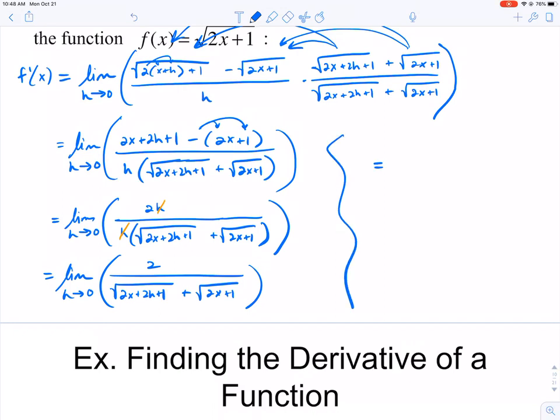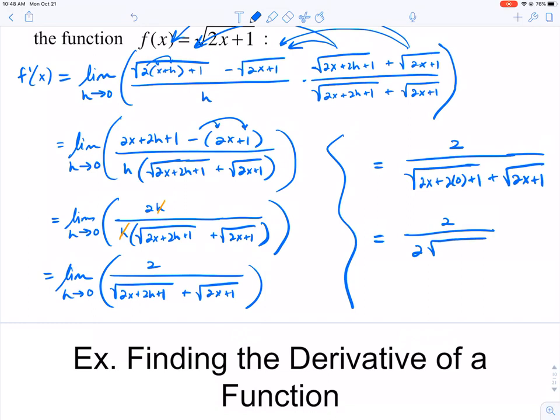I'm going to come up here. We'll have 2 over the square root. I'm dropping the limit because I'm substituting 0 in for h. So that leaves us with 2 over 2 times the square root of 2x plus 1.